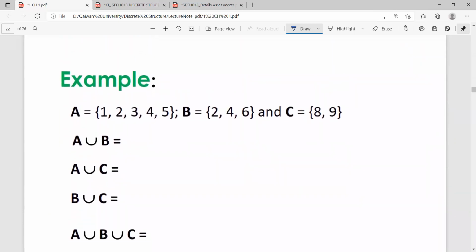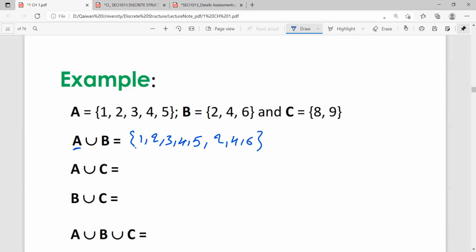For A union B, we write down all the elements of A and B without repeating. The easiest way of doing that is writing down the elements of A first: 1, 2, 3, 4, and 5. Then write down the elements of B, only those which are not in A. B is 2, 4, and 6.